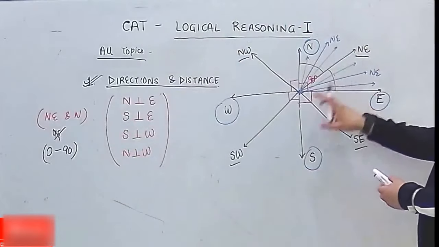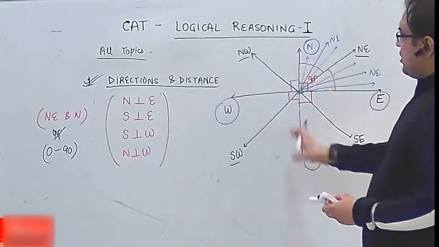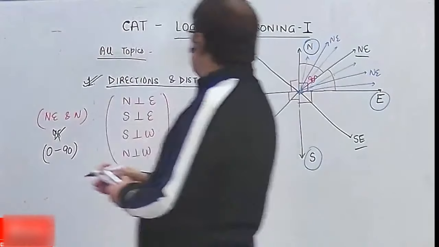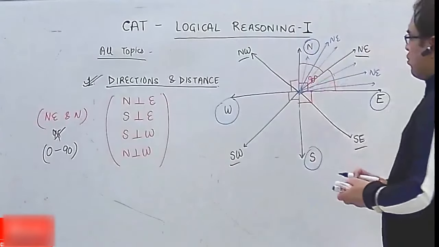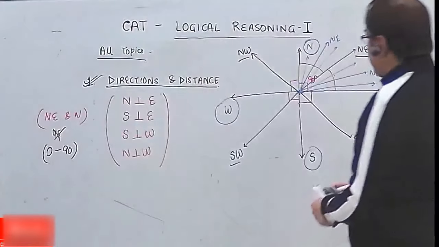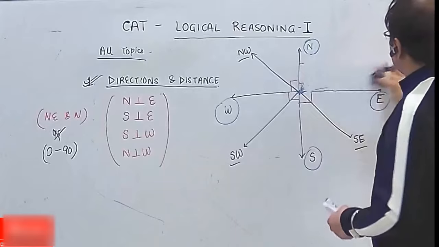So firstly we should know that any line in between north and east is northeast. Similarly in other directions also, it is not generally 45. So let's now move ahead. Now we see which is left and which is right once we start our journey in the north direction.